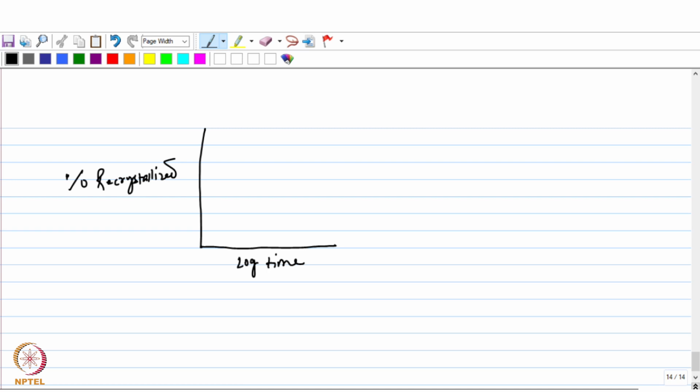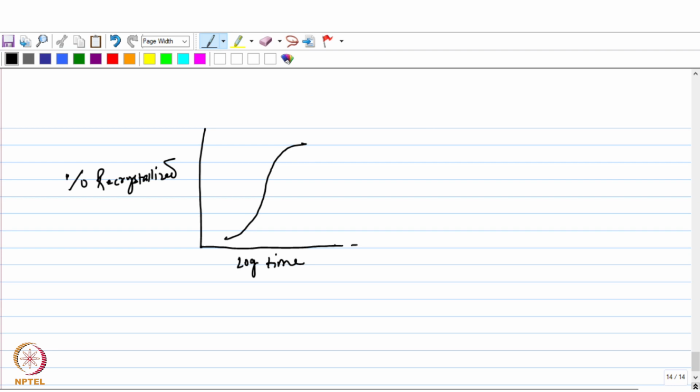And this typically generates an S-shaped curve like this at a particular temperature for a particular material. Okay, and from here you can again see the effect of the recrystallization temperature.